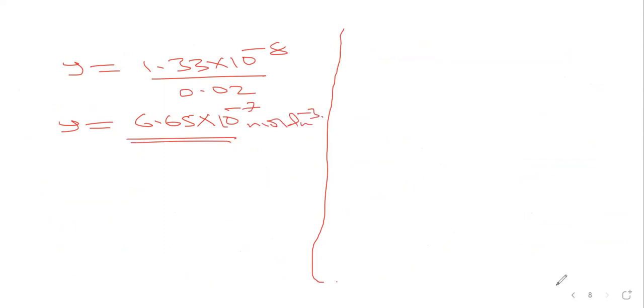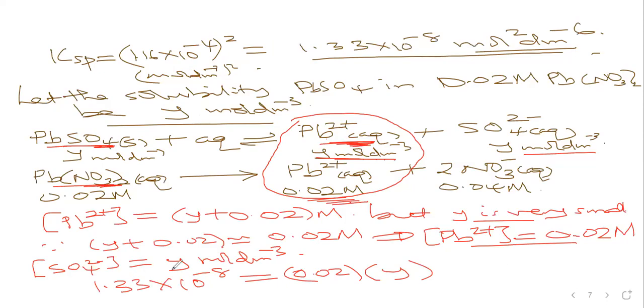By the way, Y, which we have got, is the concentration of the sulfate ion. At the same time, it is the solubility of lead 2 sulfate in lead 2 nitrate. Do you realize that?